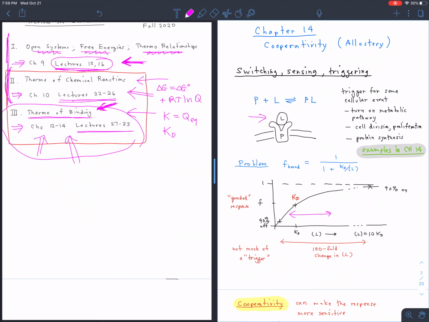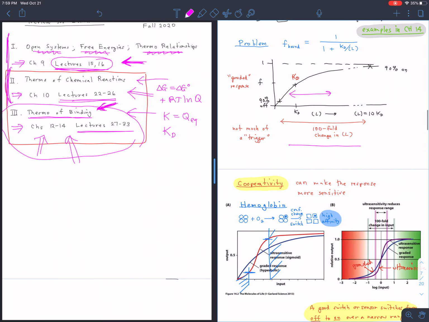You need a change in the concentration that's enormous before you can get a good switch, if you only have the usual non-cooperative kind of binding. You need a 100-fold change in order to get a good turn on if it's just normal uncooperative binding.